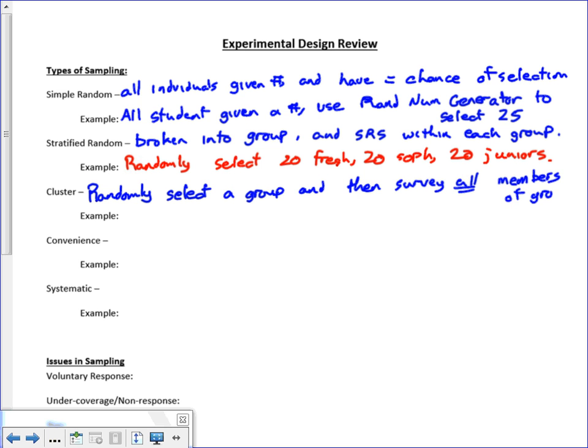A great example of that at a school is we'd randomly pick a room. So let's say we pick room 105, and then if we have a survey, we would survey all students in that room.